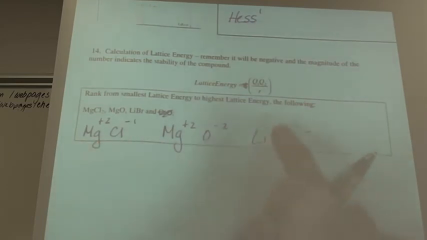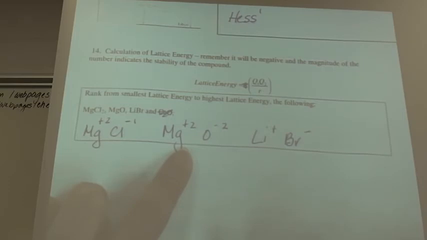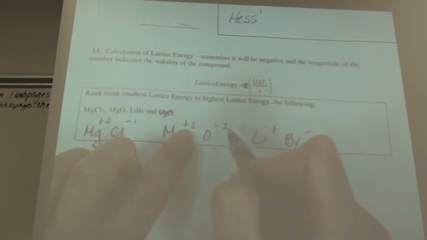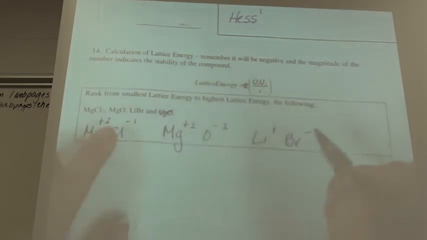So if we were just going by charges, this would have the highest lattice energy, is that correct? Yes, this is the charge of the 2 ions. 2 times 2 would be greater than 2 times 1 or 1 times 1. So it's the absolute value.